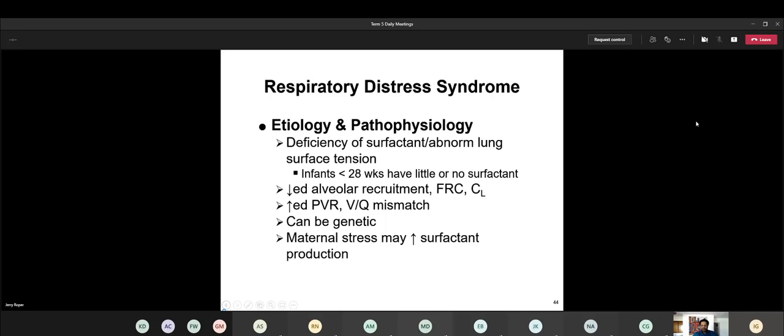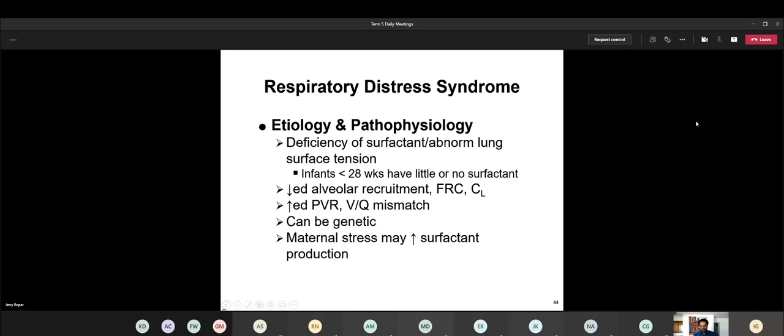Overall, the pathophysiology, what you expect to see with RDS: lots of atelectasis, poor FRC, and lung compliance is not great. As far as the pulmonary vascular resistance, there's usually going to be much higher pressures, way more resistance to blood flow. That's ultimately going to lead to a VQ mismatch situation or shunt.